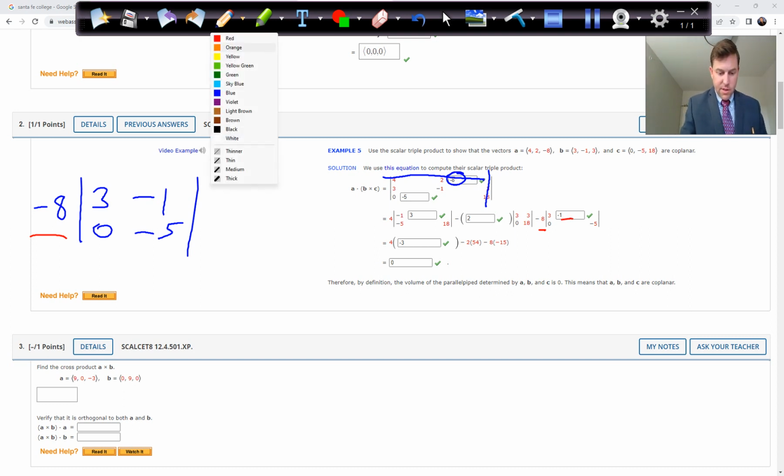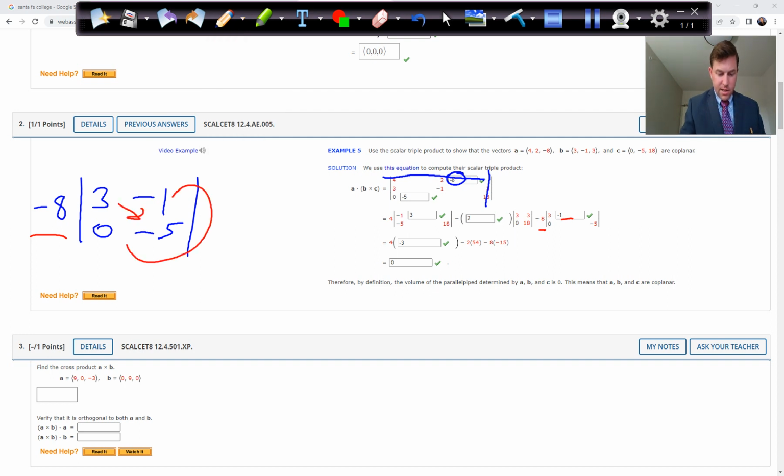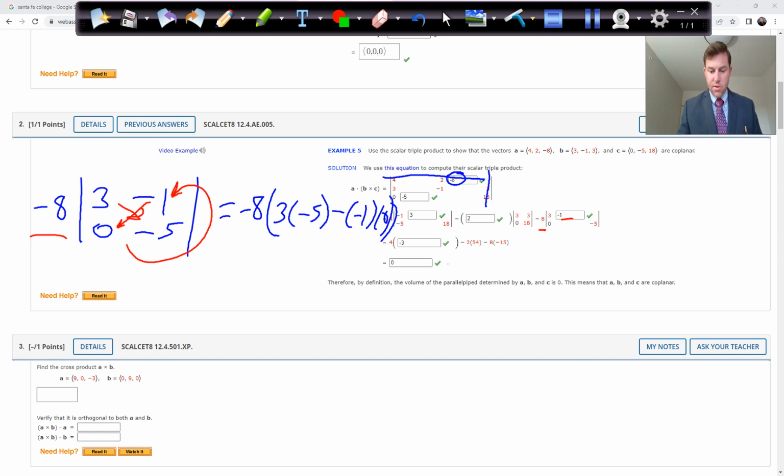Okay, but let's look at what that determinant would be. It would be 3 times minus 5 minus this direction. So it's going to equal minus 8 times 3 times minus 5 minus minus 1 times 0. And so that's going to be minus 8 times minus 15 with minus 0, so it goes away.